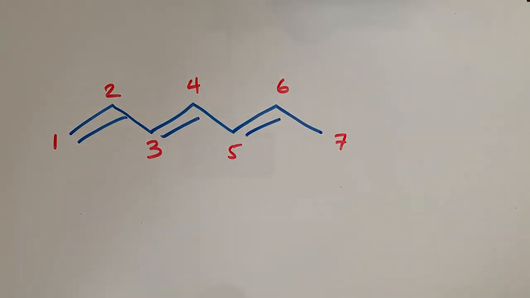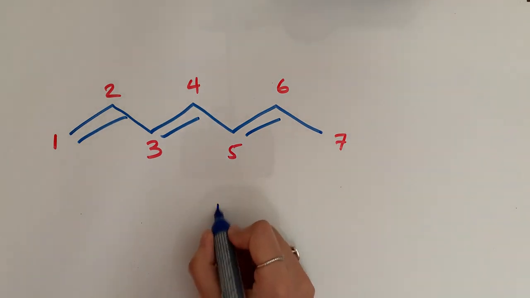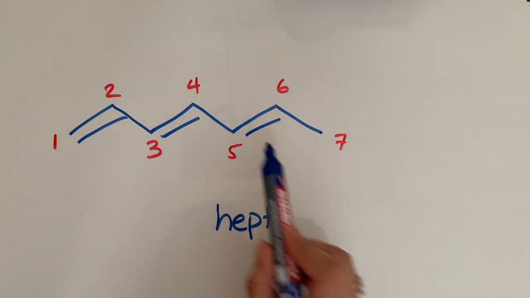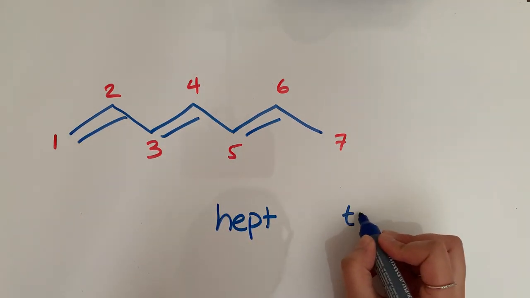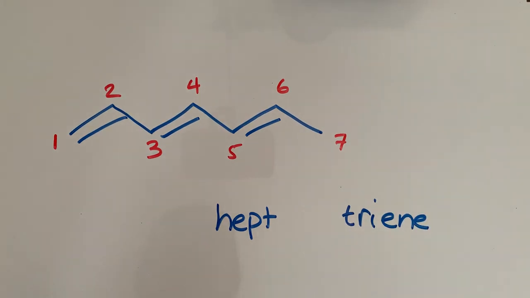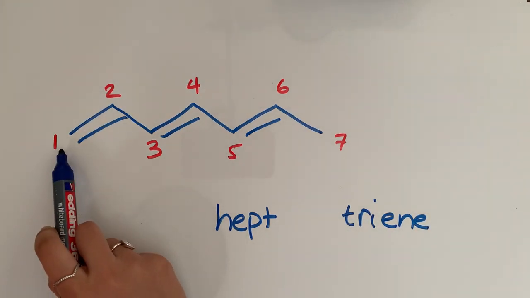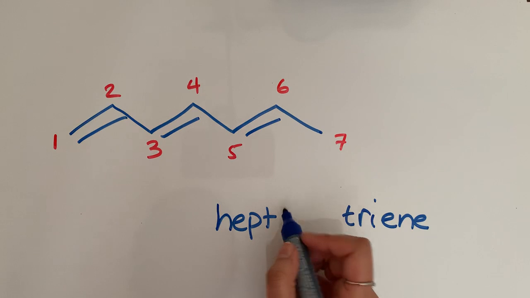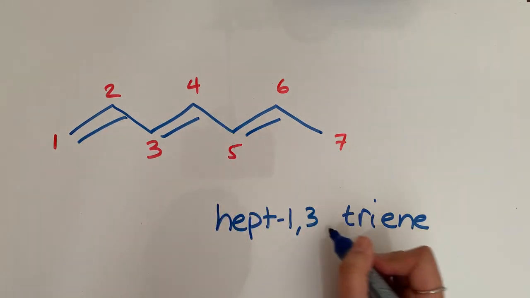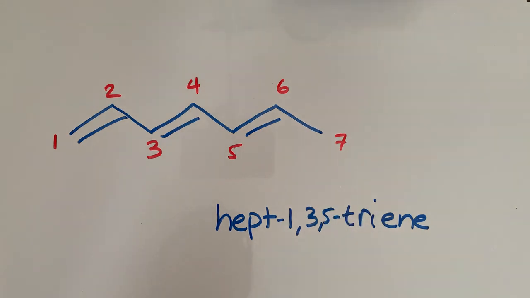This is a heptane chain, or heptene chain, so it's going to be hept. Because we've now got 3 double bonds, this is going to be tri before the ene, so it's triene. And we just now have to put the numbers in. This one is going to be 1, this one's 3, and this one's 5. So this is called hept-1,3,5-triene.